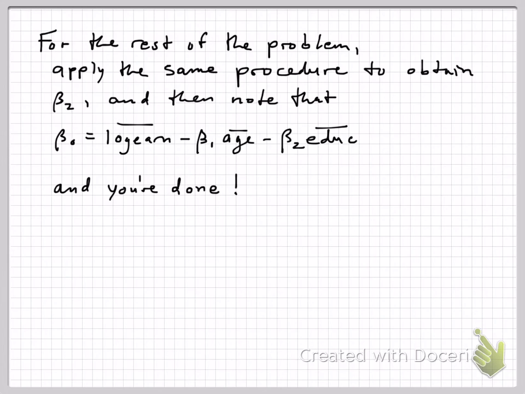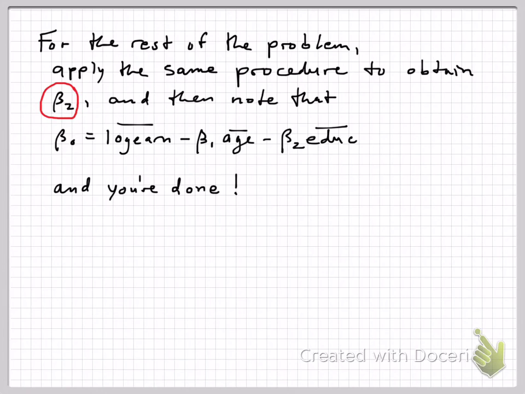Now I'm not going to work through the rest of the problem because you can see that it's just going to work the other way around for beta 2. So to do the rest of this problem, you're going to have to go through all the same steps, of course reversing the 1 and 2 to get beta 2, the coefficient on education, using initially the correct auxiliary regression and working through all the same steps I just did.